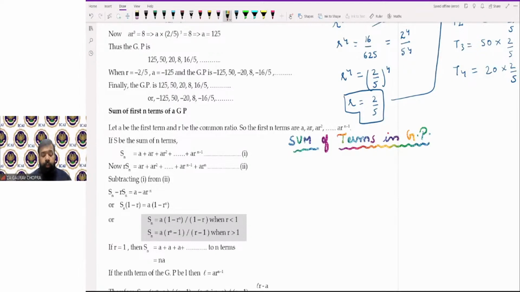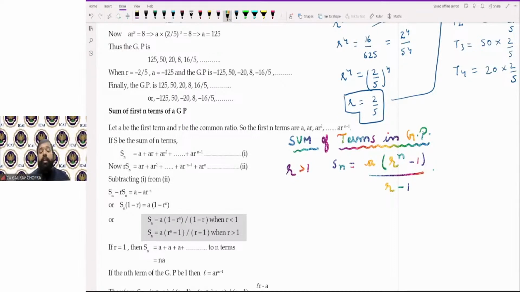So if the value of R is greater than 1, अगर कॉमन रेशियो का वैल्यू 1 से ज्यादा है, तो आपका फॉर्मूला क्या बनेगा? Sn is equal to A multiplied by R to the power of n minus 1 upon R minus 1.